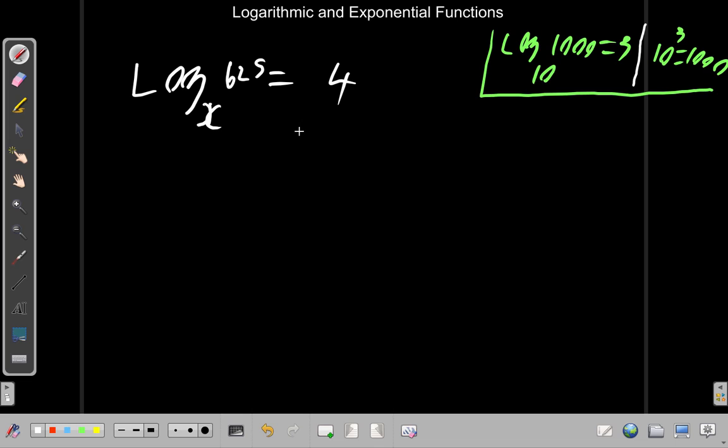Now what could the base be? You're finding the logarithm of 625 and you get an answer 4. What's the base of the log?